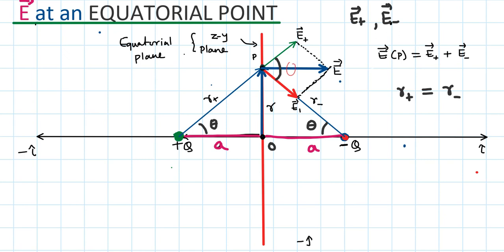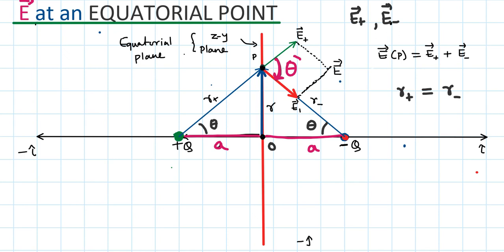Let me call it theta prime. The angle between the green arrow and the red arrow is theta prime. Don't mind the blue arrow in between. If you want, I can get rid of it too. So now you can see theta prime is the angle between E plus and E minus.